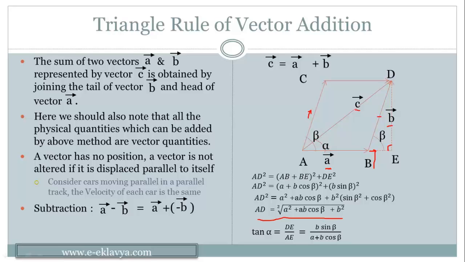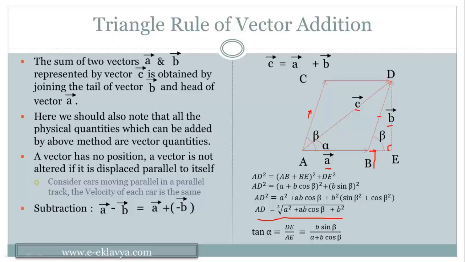Similarly, you break AE as AB plus BE and substitute the values, so you get the formula B sine beta by A plus B cos beta. Now the angle alpha is definitely the tan inverse of this quantity, right?